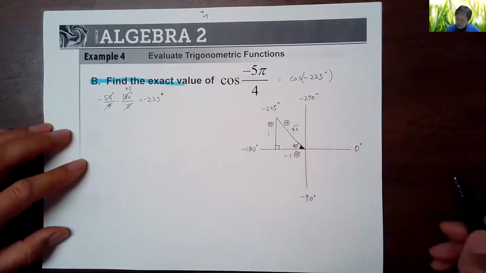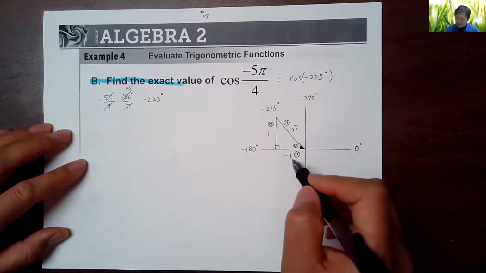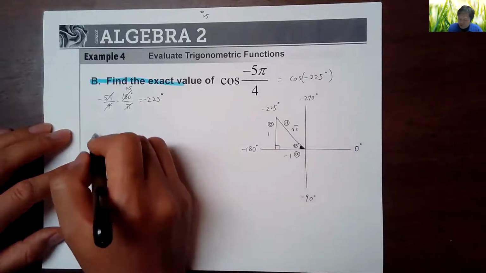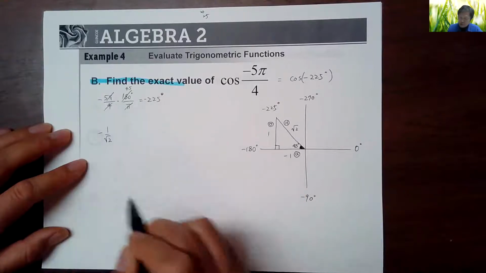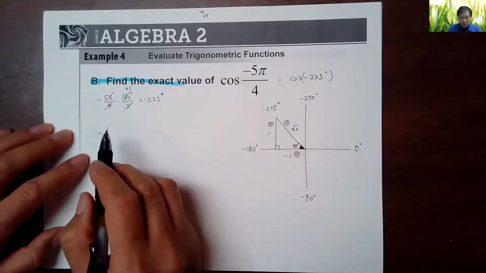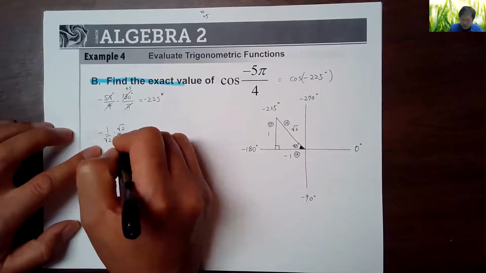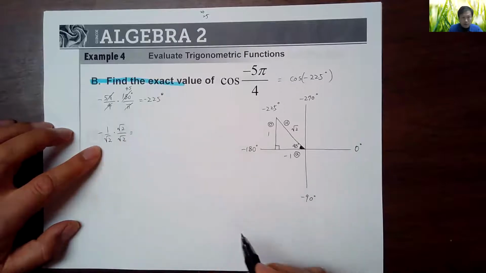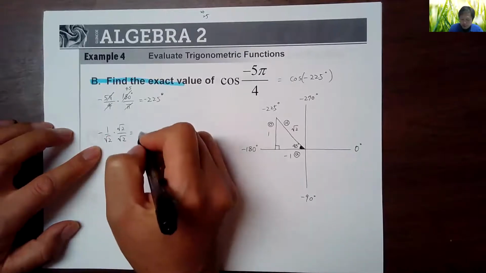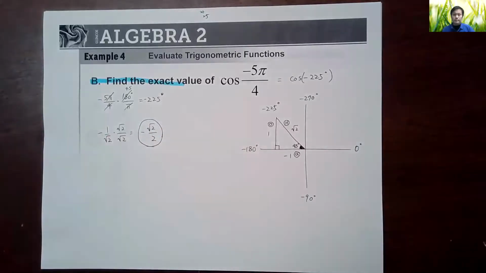Cosine of minus 225 will be A over H, minus 1 over square root of 2. You don't leave a root in the denominator, so rationalize the denominator by multiplying by square root of 2 over square root of 2. So minus square root of 2 over 2 will be your final answer.